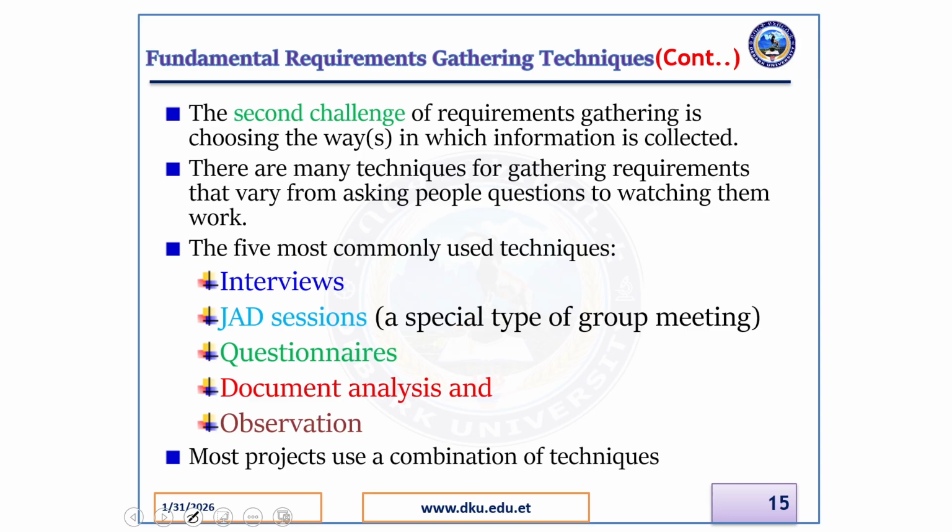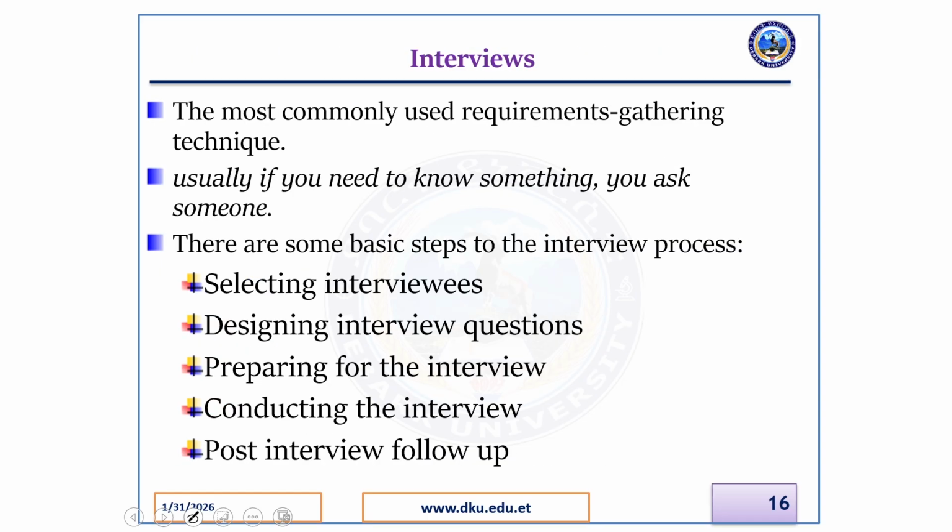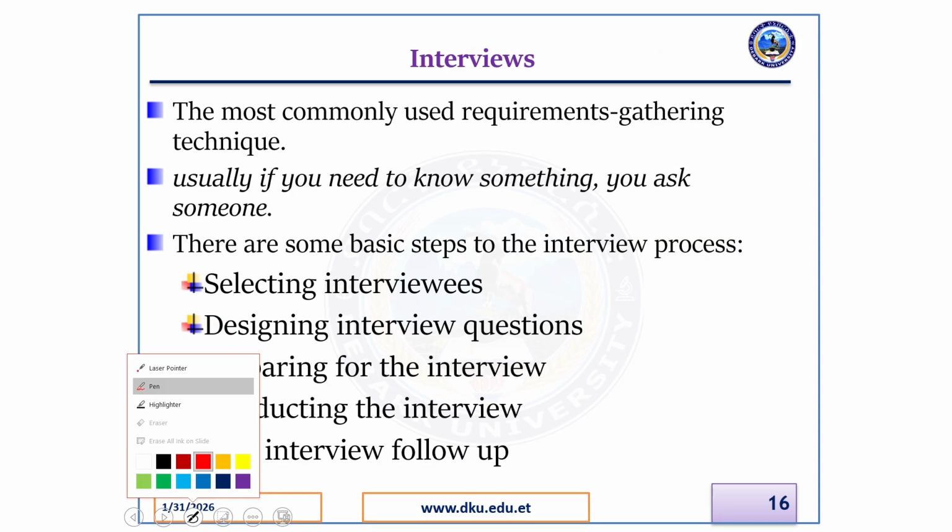Interviews, 2. JAD sessions, a special type of group meeting, 3. Questionnaires, 4. Document analysis, and the last one, observation. Most projects use combinations of those techniques. The first one is interview.